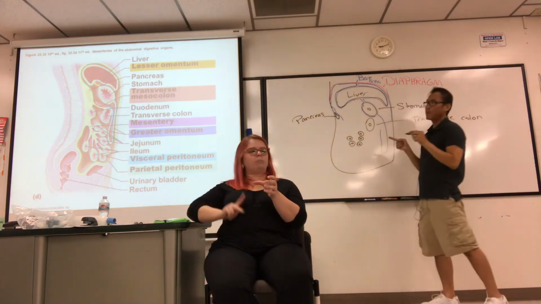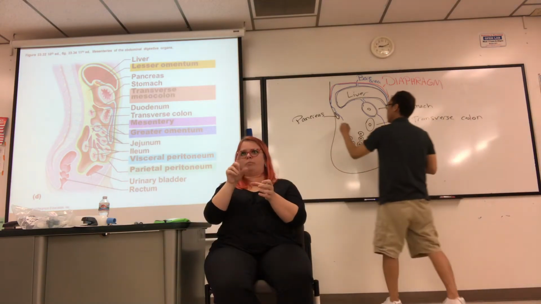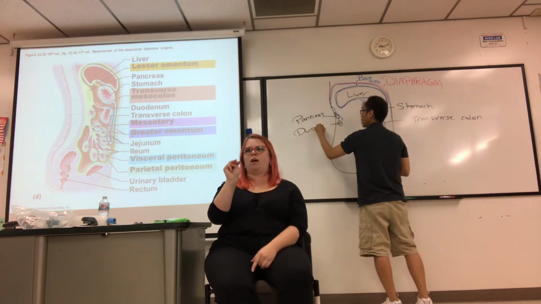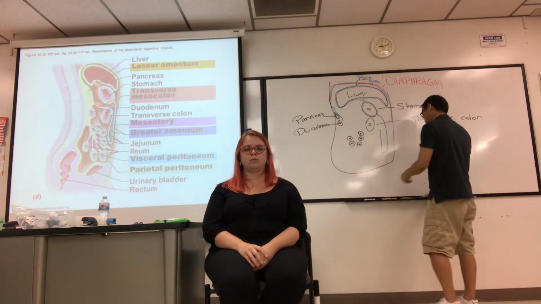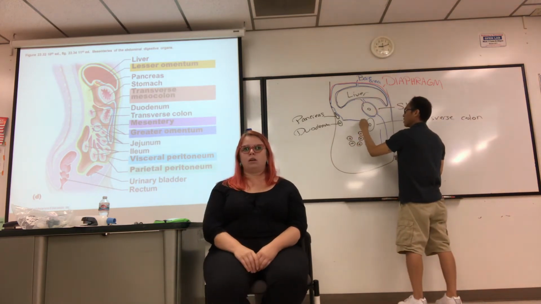Pancreas is retroperitoneal, along with a part of the duodenum below that, which is part of the retro. So I'm going to draw a mesentery going around there.